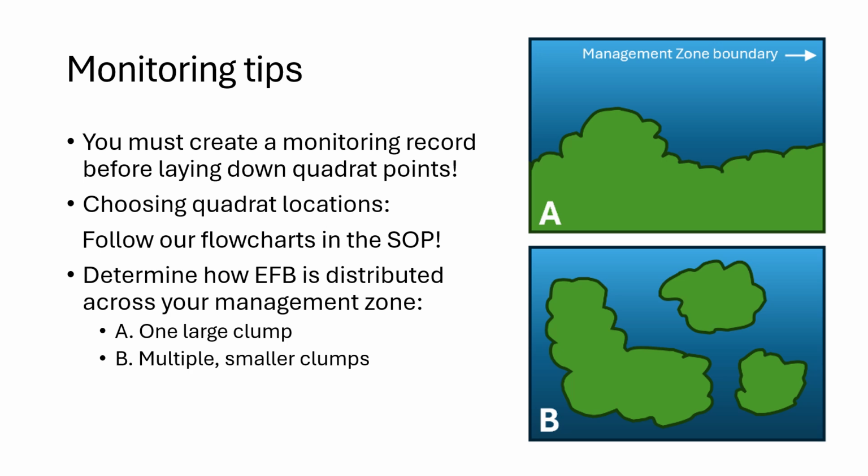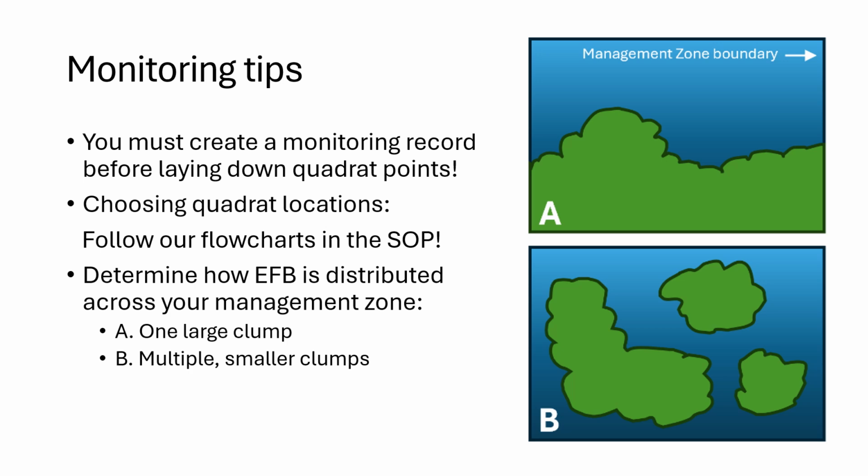Next, when monitoring, you will need to select areas to place quadrats for sampling. You will be placing a minimum of 4 quadrats in random locations per management zone. We suggest following the flowcharts in the SOP to do this, so please check those out before heading into the field. You will also need to think about how EFB is distributed across your management zone.